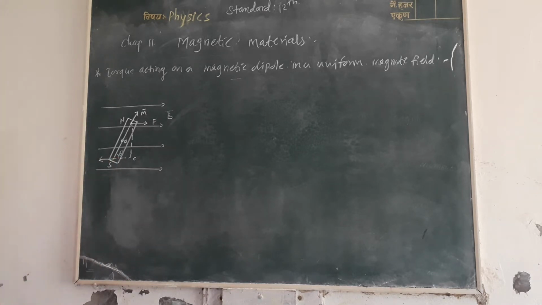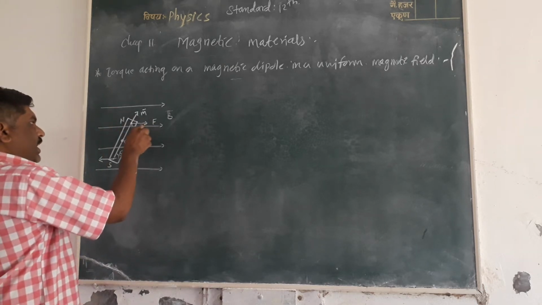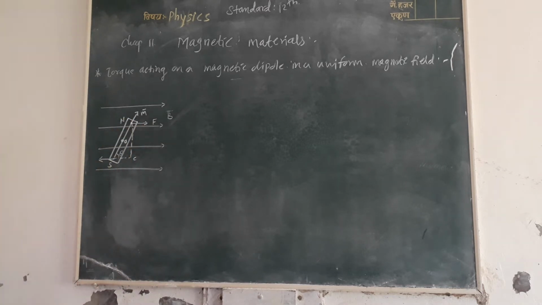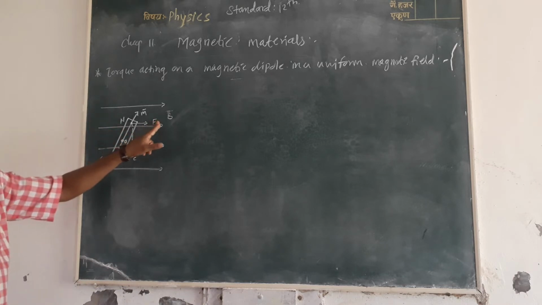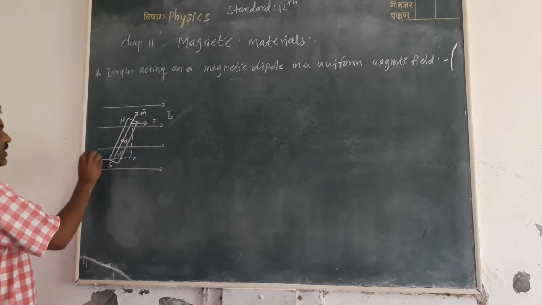When the uniform magnetic field B bar and a bar magnet NS is kept in this uniform magnetic field, then the same force acts on two different points of that magnet, this force in one direction and the second force in the opposite direction.